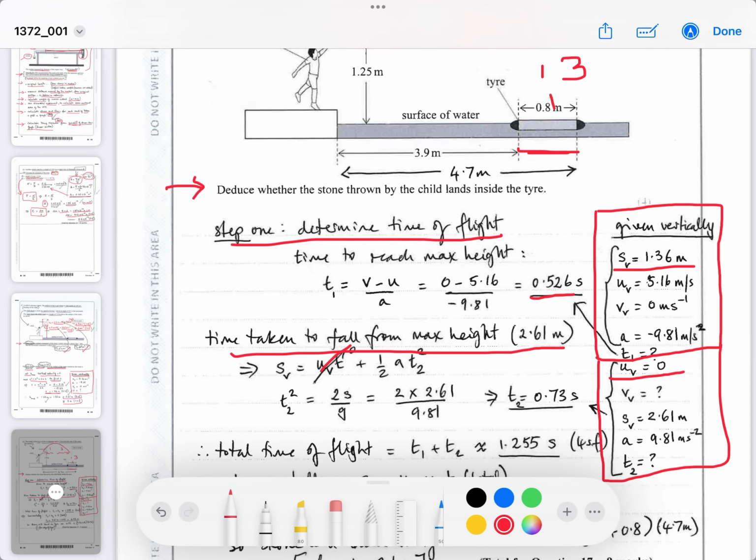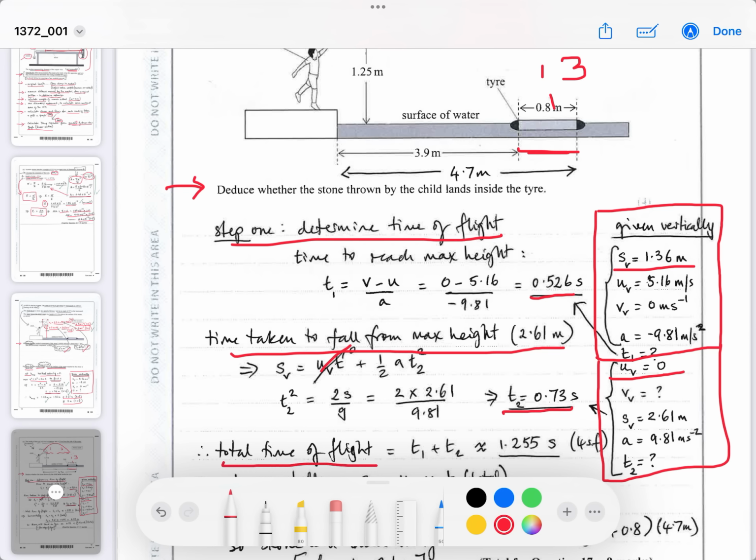We want to work out the time it takes to fall, because once we know the total time of flight, we can see how far it can travel horizontally, which will be the next part of the question. So the time will be 0.73 seconds, because obviously it's going to be more than 0.526 seconds because it's going to fall further and it's already moving fast, so it will be slightly more than 0.526 seconds.